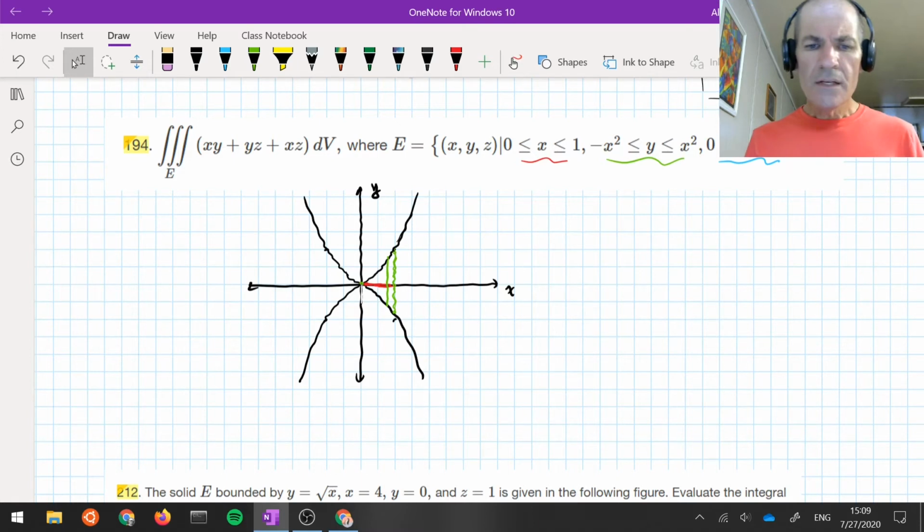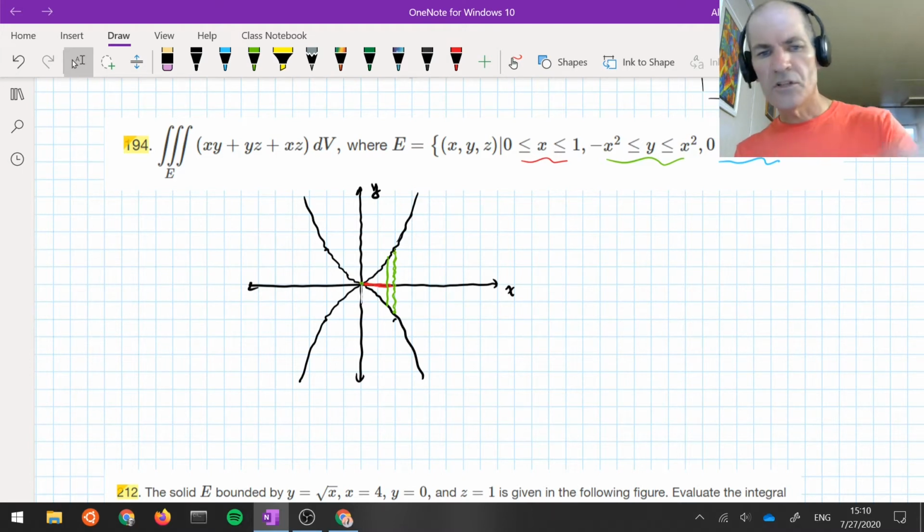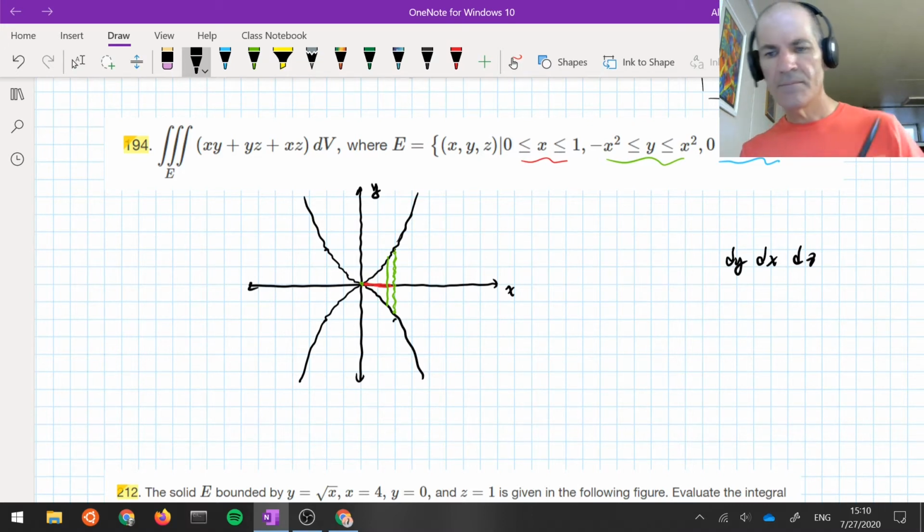So the direction isn't super important, but just for the heck of it, we'll do dy dx dz.